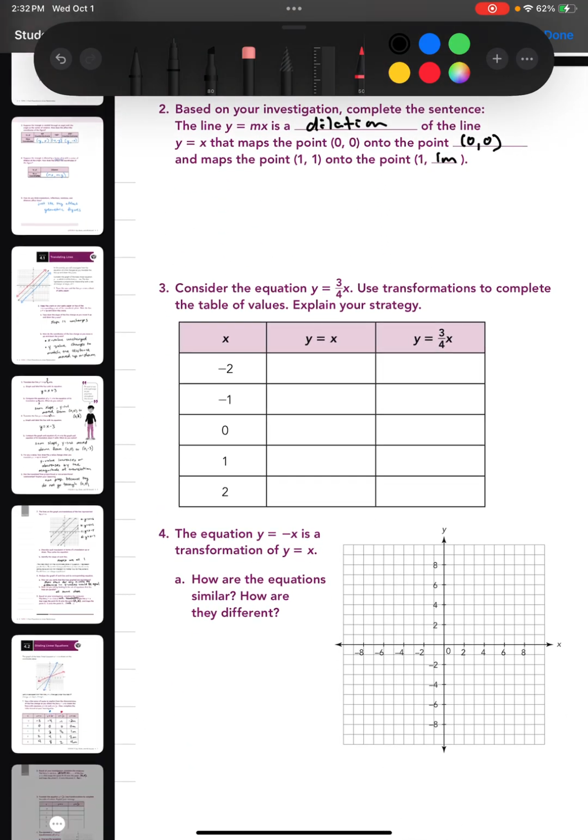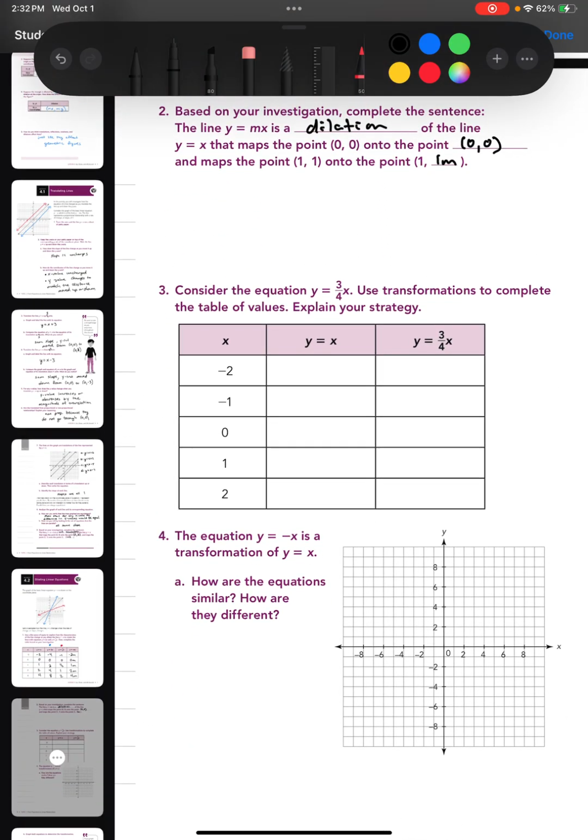So still looking at that dilation, it says consider y equals 3/4 x. Use transformations to complete the table of values. Again, the first column there is our parent function, those values -2, -1, 0, 1, and 2. And then times 3/4, we'd have -3/2, -3/4, 0, 3/4, 3/2.